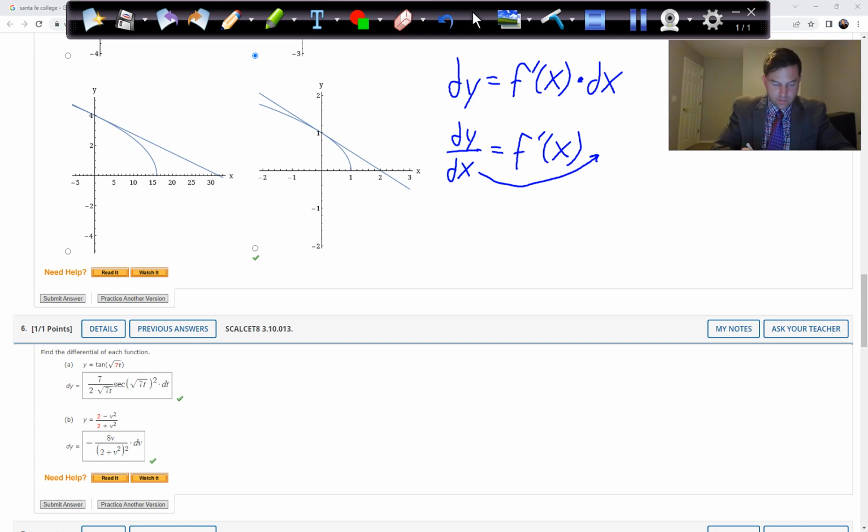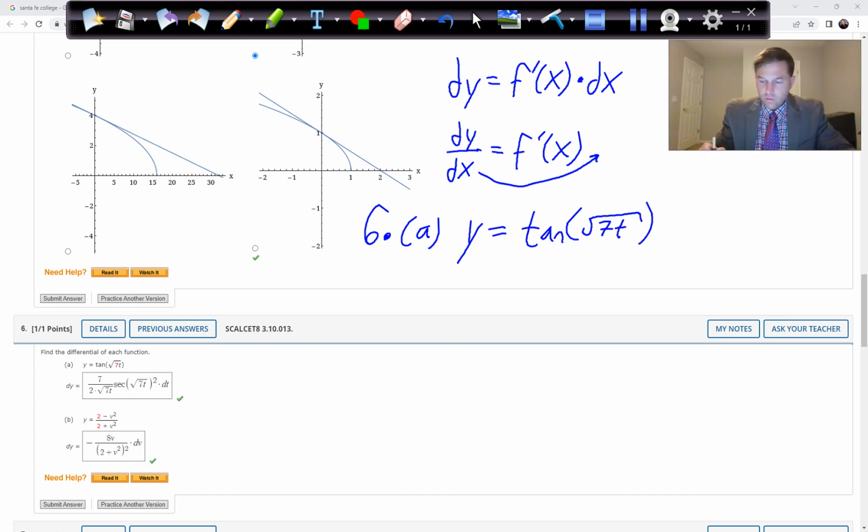So it says problem 6 part A, y is equal to tangent of the square root of 7t. Well, if I have y is equal to tangent x, the derivative of y would equal secant squared x times dx.